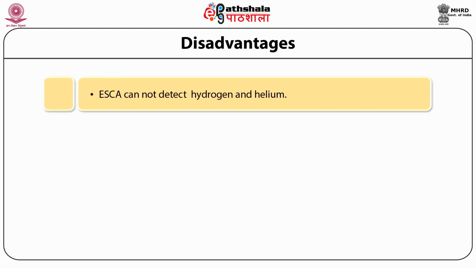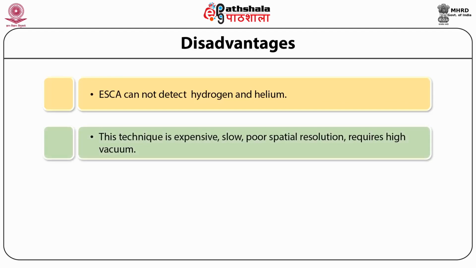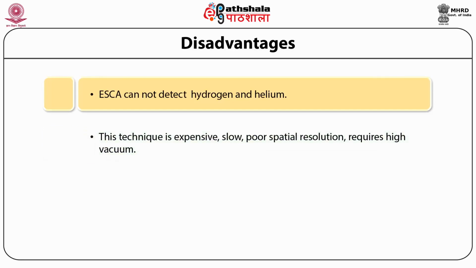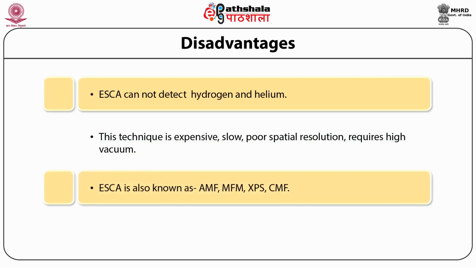That is one big disadvantage that one comes across while using ESCA. This technique is expensive, slow, has poor spatial resolution, and it requires a very high vacuum. ESCA is also known by a variety of names, such as XPS.